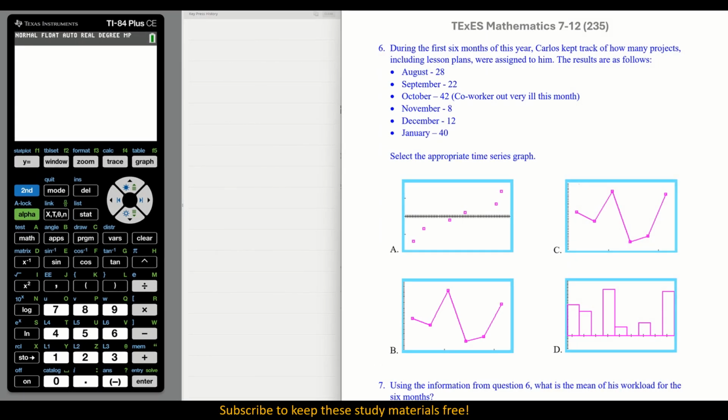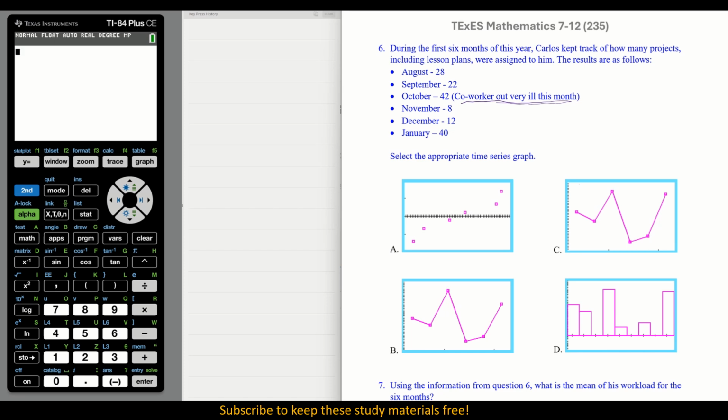Number 6, during the first 6 months of this year, Carlos kept track of how many projects, including lesson plans, were assigned to him. The results are as follows: August 28, September 22, October 42. 42 is kind of high because they have a note here saying that a coworker was out very ill this month.